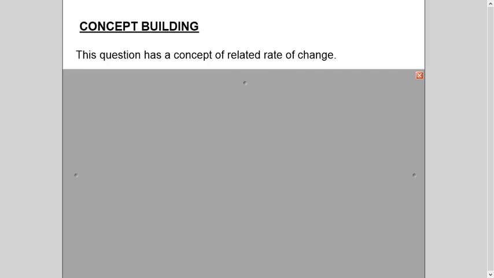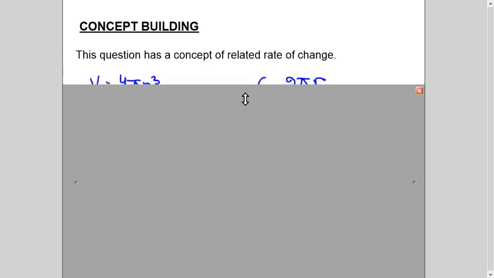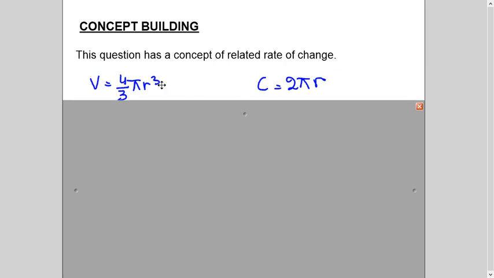Before I show you the question, in this question, we are talking about the concept of rate of change. So what is rate of change? If you remember, for example, I'm talking about the volume of a sphere or the circumference of a circle, and I want to find out the rate of change of it.